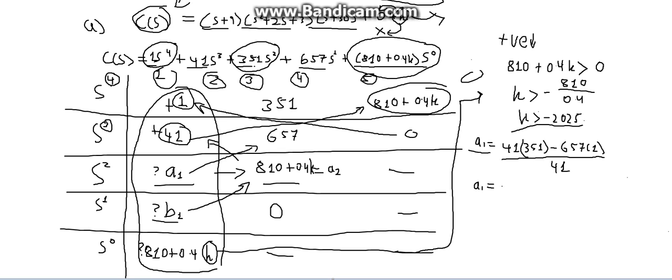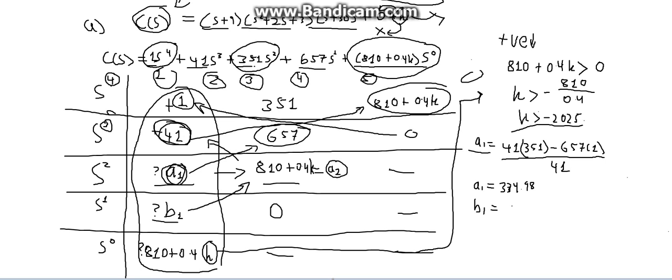A1 then equals roughly 334.98. I'm just rounding roughly there. Therefore, B1 equals A1 times 657 subtracts A2 times 41, divided by A1.